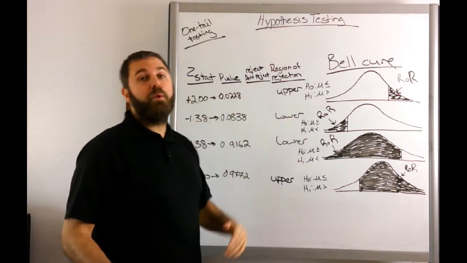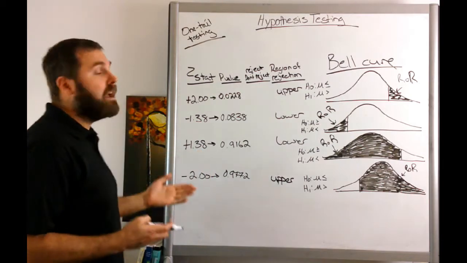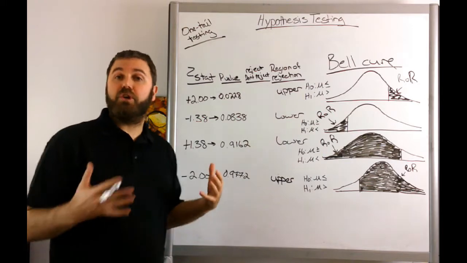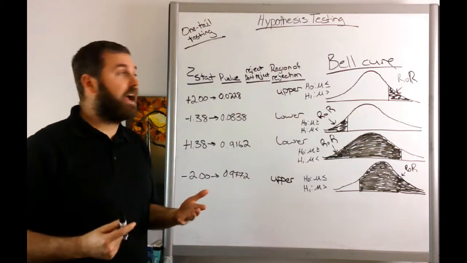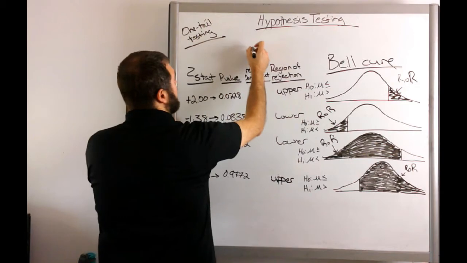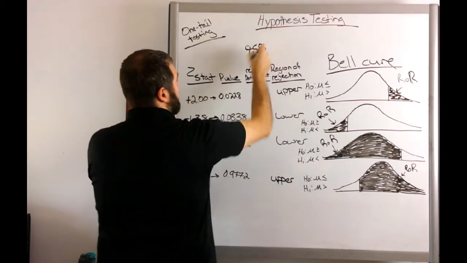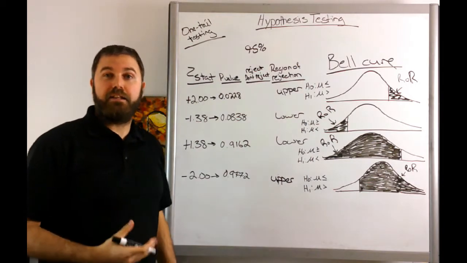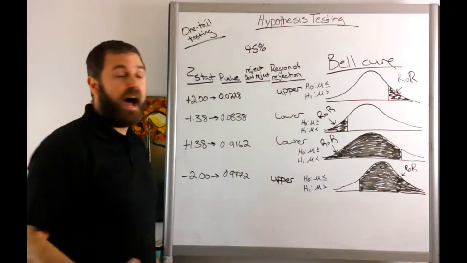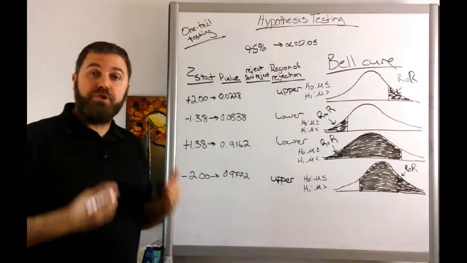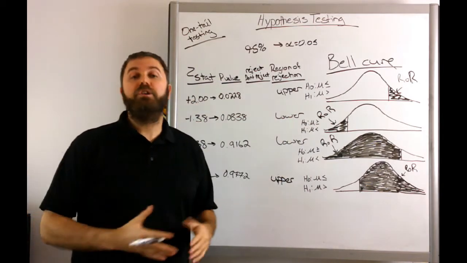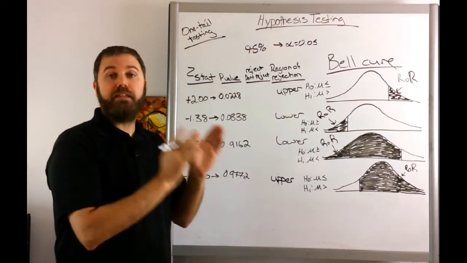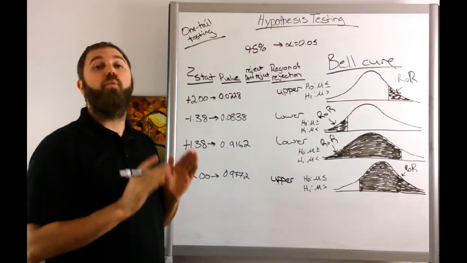So now let's determine whether we reject or fail to reject. Depending on the level of significance will determine whether you reject or fail to reject. So let's say we're looking at 95%, which gives us a level of significance of 0.05. Because we're using a one-tailed test, we don't have to split this between two tails. The whole entire level of significance is going to be in one tail.